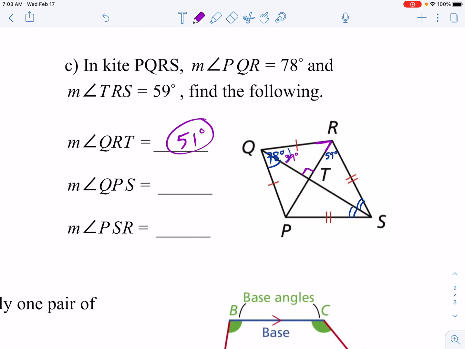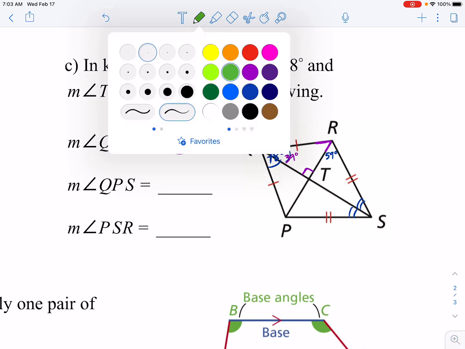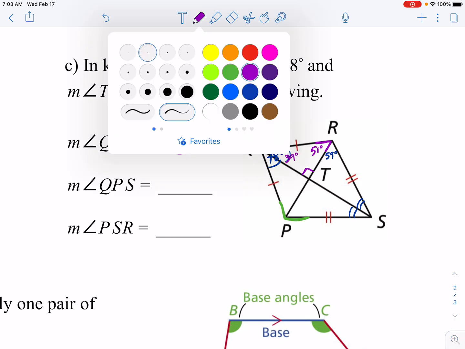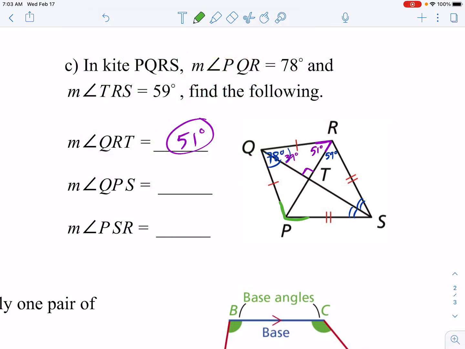For QPS, this whole angle, well, if we know that this angle up here is 51 and 59 is the adjacent angle, the whole entire opposite angle would need to be 51 plus 59, for 110 degrees.